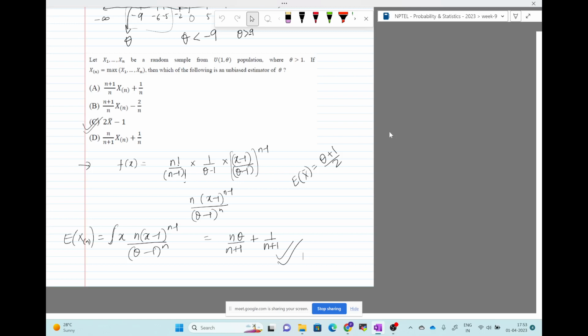But no answer is matching, so I thought this. When you have a number of samples and you're computing the variance, then you take the sample variance, meaning n minus 1.